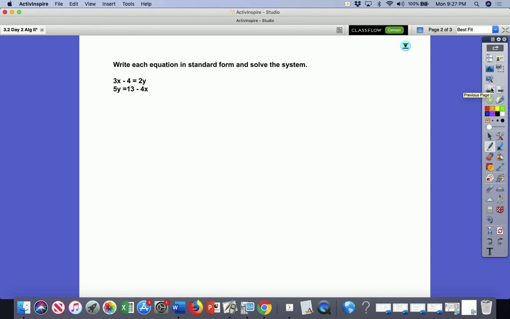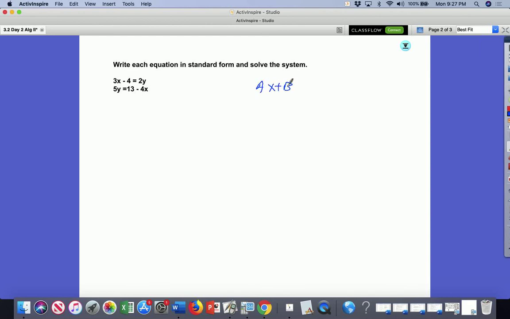Okay, so I do have one more. It's not a problem where you have to make the system. You just have to solve the system. So remember that when you're solving a system, you want the equations to be in standard form, which means the x's and y's on one side and the constants on the other. That's not the case here.